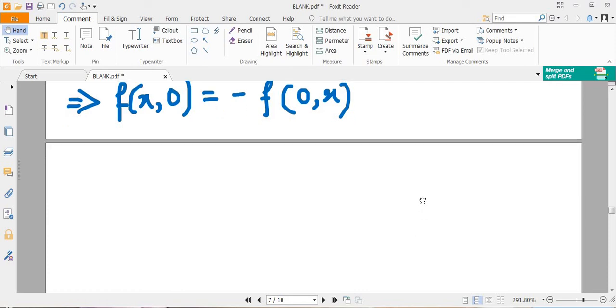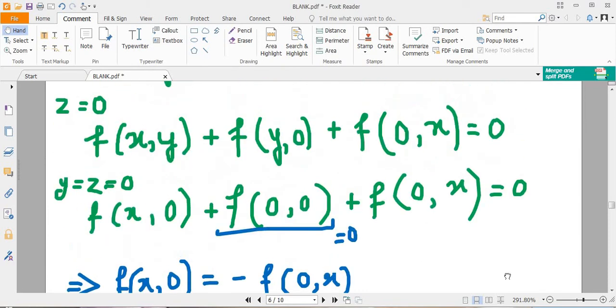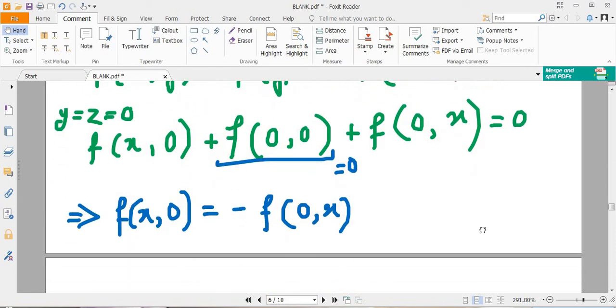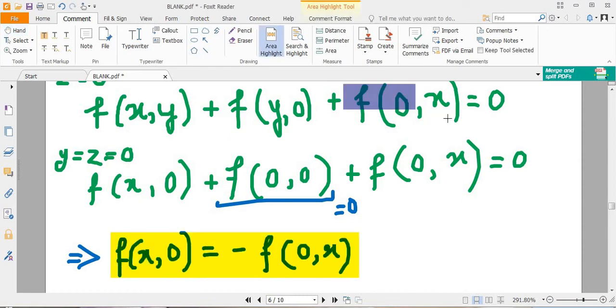So now the next thing is that this expression that we have, I can use this relation. So instead of writing f(x,0), I can write minus of f(0,x). I'll be using this expression and replacing it over here.